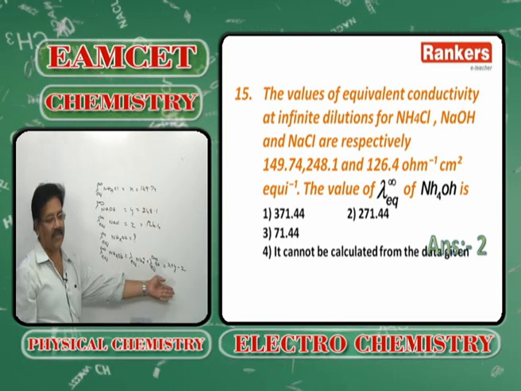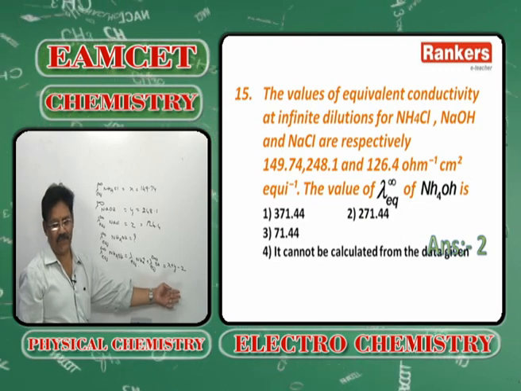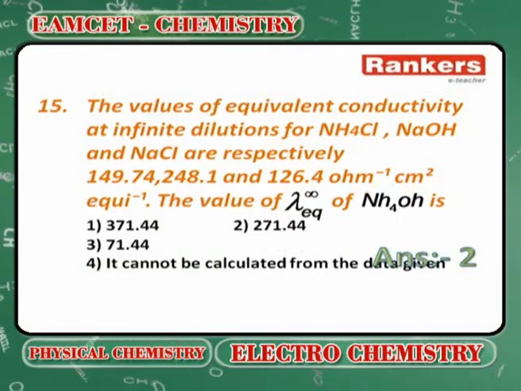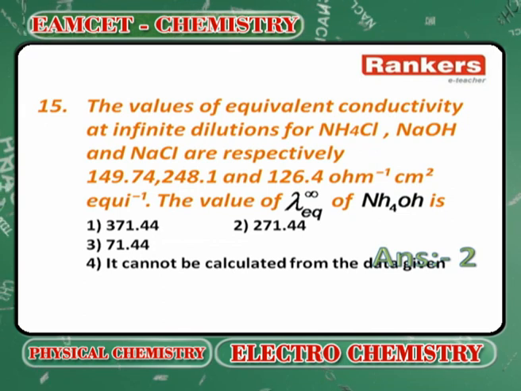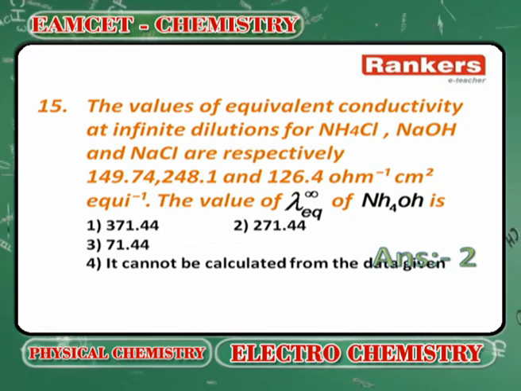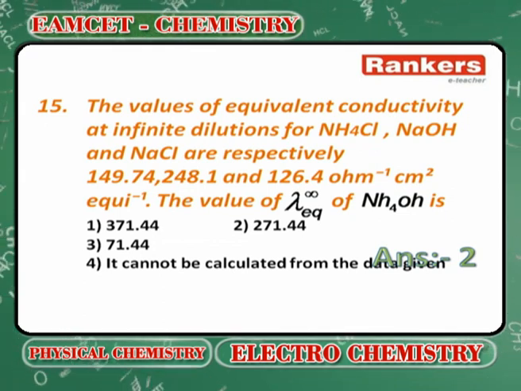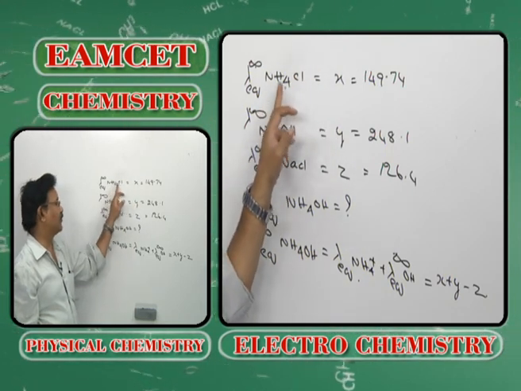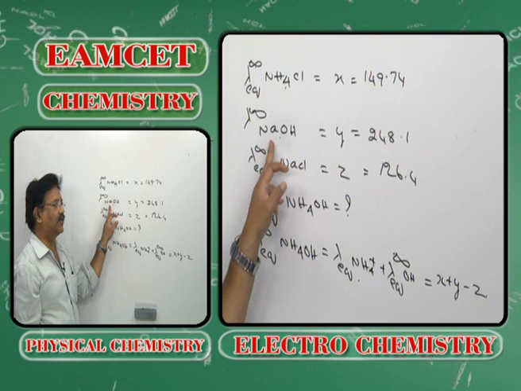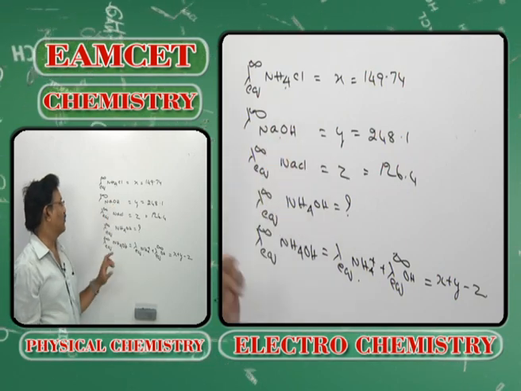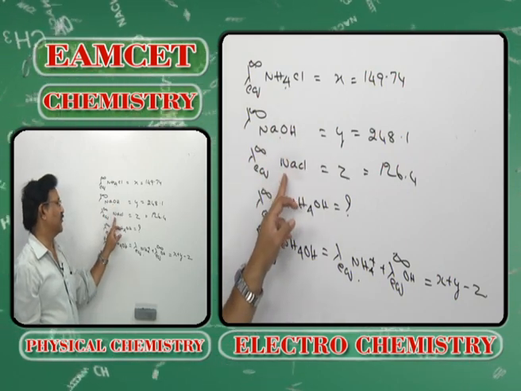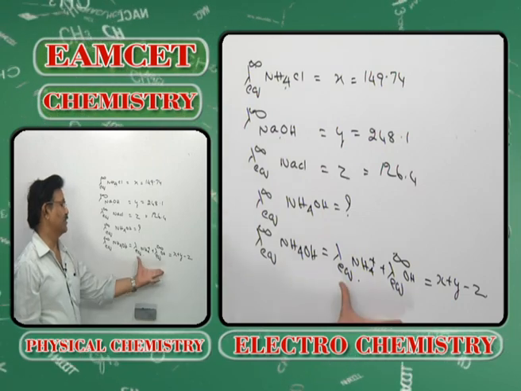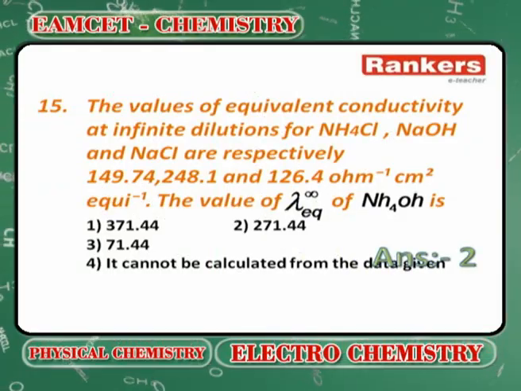By making proper substitutions, we get the answer as 271.44. Because it is the equivalent conductivity of NH4 plus Cl minus, plus Na plus OH minus, minus Na plus Cl minus, right? Next.